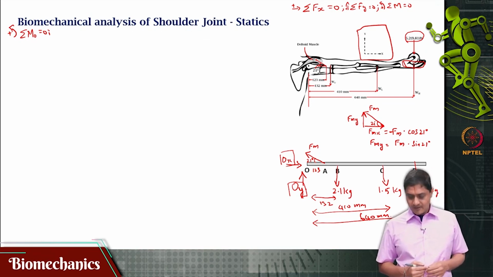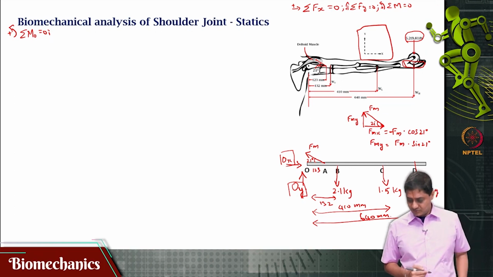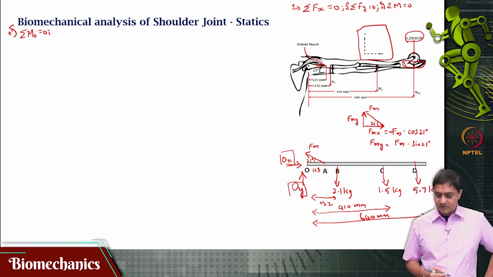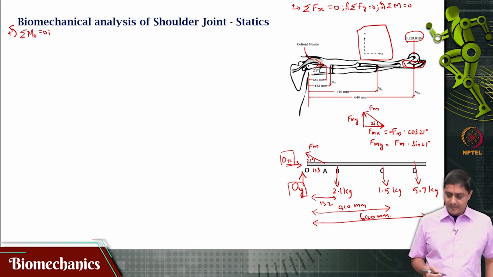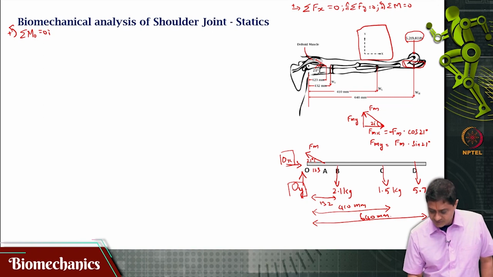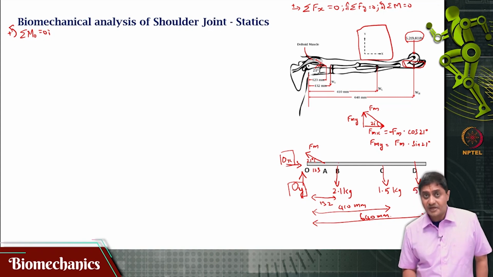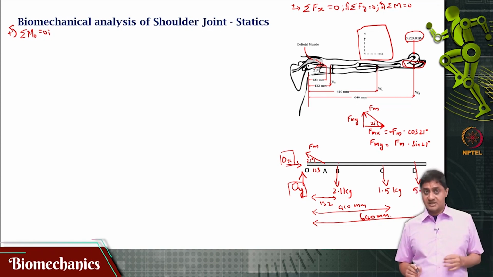Okay. Now, let us write out the moment equation and try to solve this. What are all the various things that are there? Let us count the number of forces. There are two components of force from Fm, one from the weight of the upper arm, one from the weight of the forearm, and one from the weight of the hand plus the external mass.